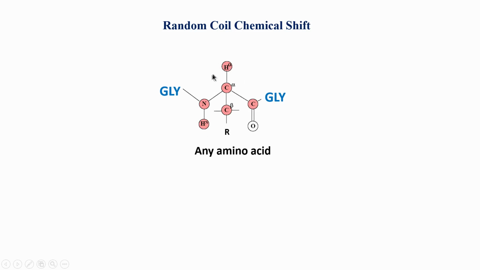Now I can put this tripeptide in the NMR spectrometer, record the carbon, proton and nitrogen spectra, and find the chemical shift values of this amino acid, because the other two are simply glycines. The values I get for these atoms become the random coil chemical shift for that amino acid. I can store that in a database and use it for future purposes.